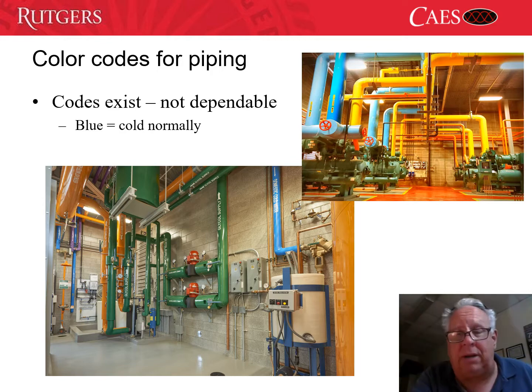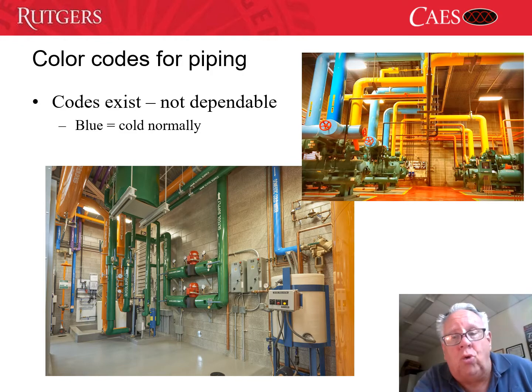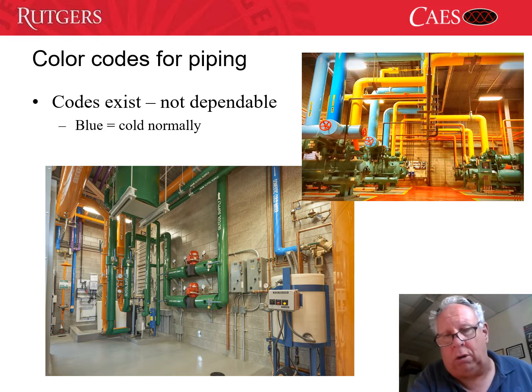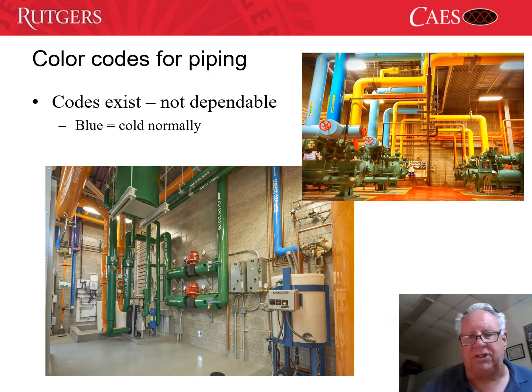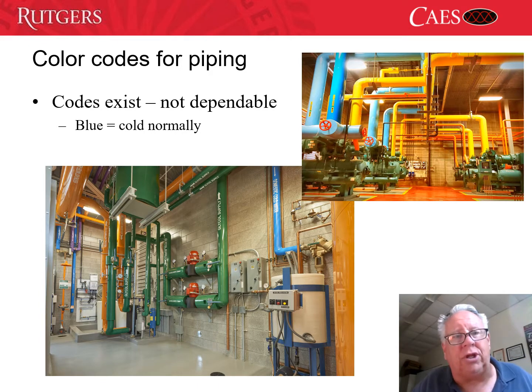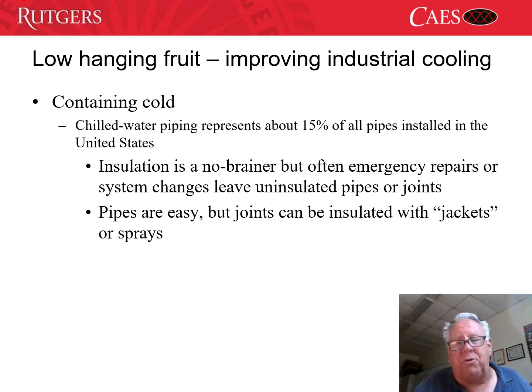And what I'm going to tell you is while there are codes out there, they're not terribly dependable. Usually blue is cool, but in this particular case, the bottom left, now you've got a glycol loop. We talk about chilled water loops, but if the temperature has to go below freezing, you really can't use chilled water, so you'll use glycol, which doesn't freeze, et cetera. So the colors will help a little bit, but there are no codes that exist that are of any value to you. So let's move on now.